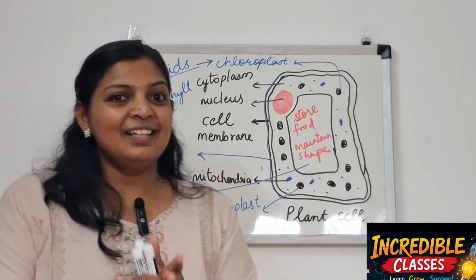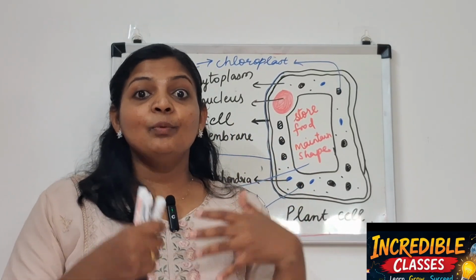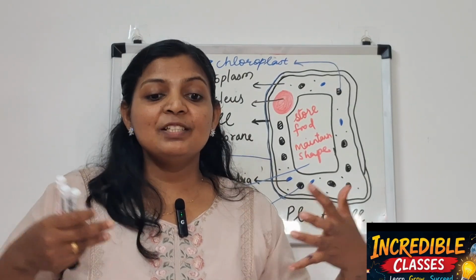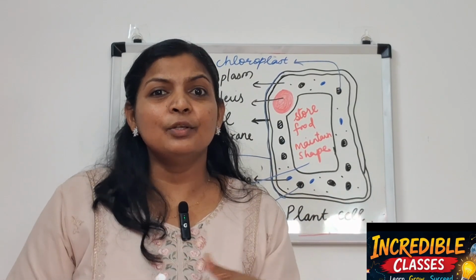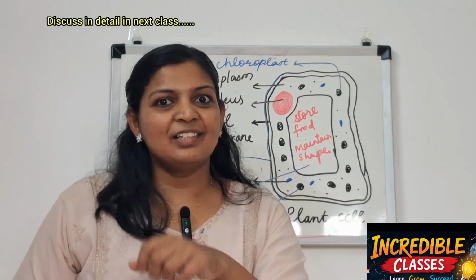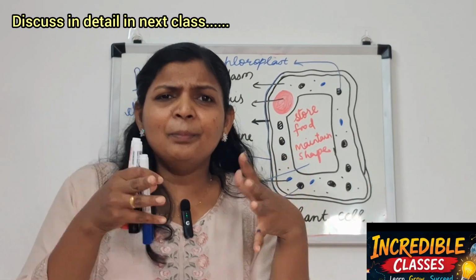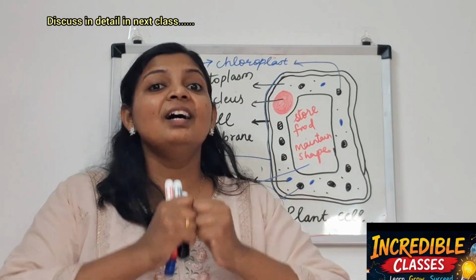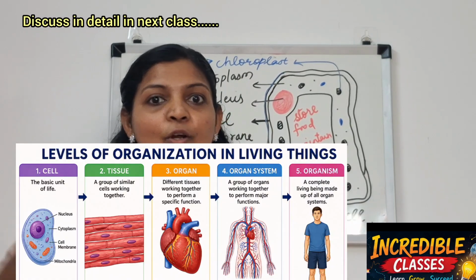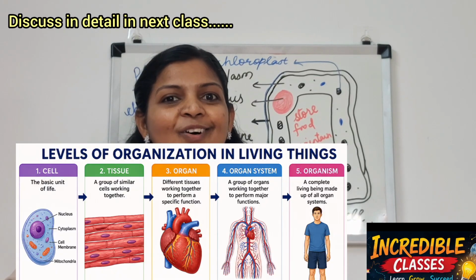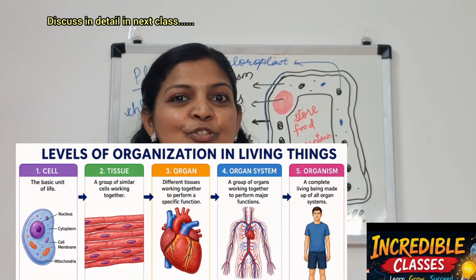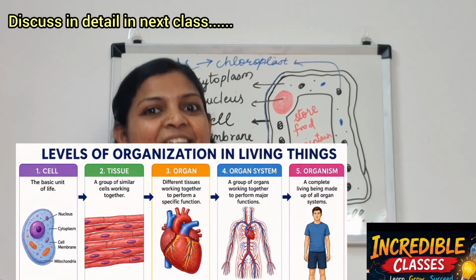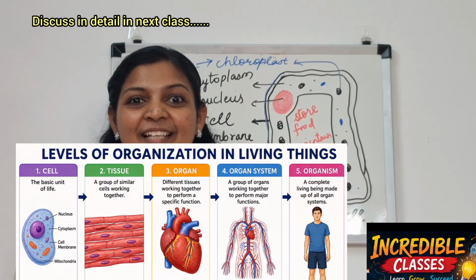Now we will learn how they are grouped together, and what happens when cells are joined together. I tell you in a nutshell. When so many cells join together, they form a tissue. Not tissue paper, what you use. When so many tissues join together, they form an organ, that is, the heart.